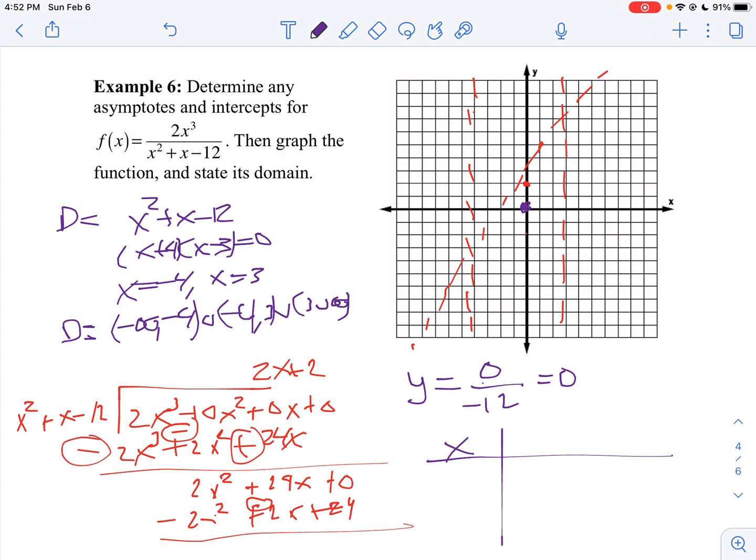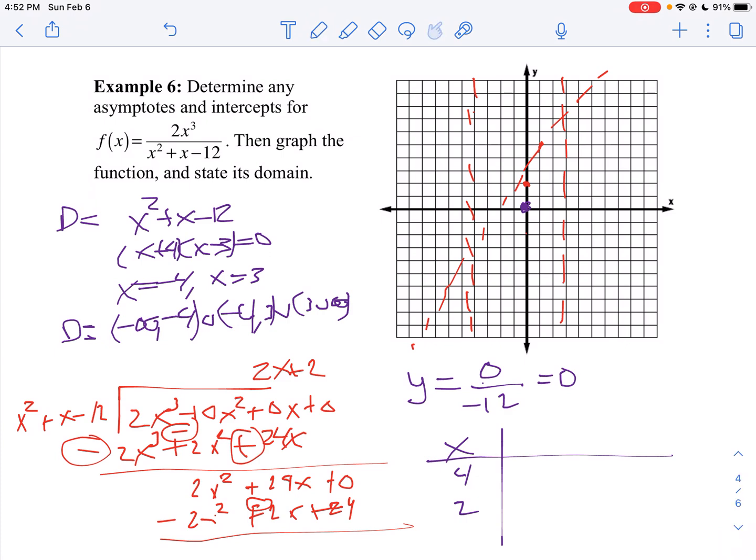And I know I've got one of my positive asymptotes at 3, so I'm going to go to the right of 3, which is 4, and to the left of 3, which would be 2. And I'm going to find those values.